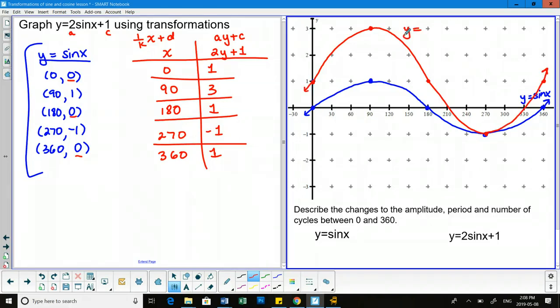And we'll just label it up here. You'll have to practice your curves there, Karen.